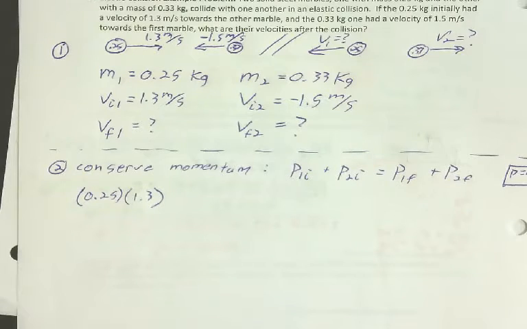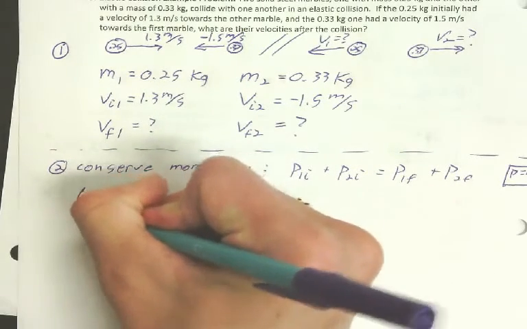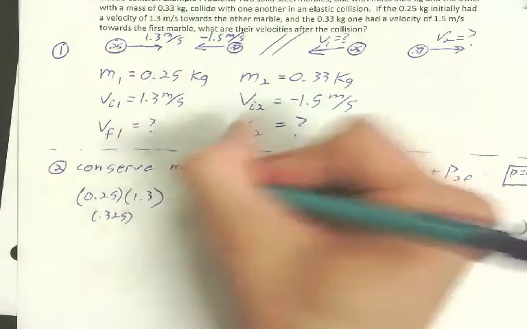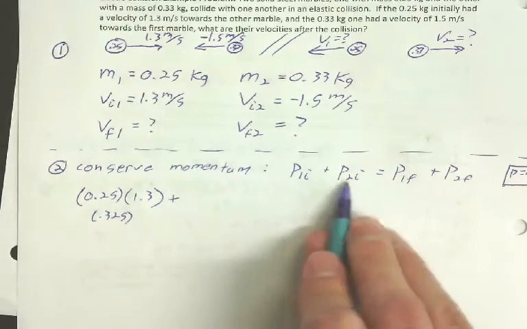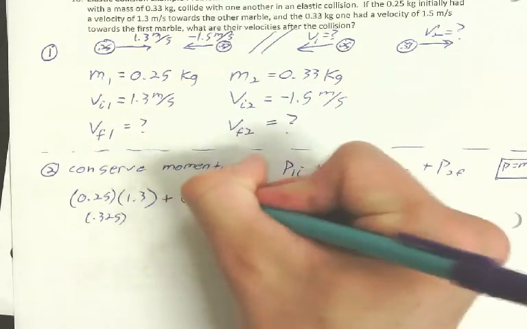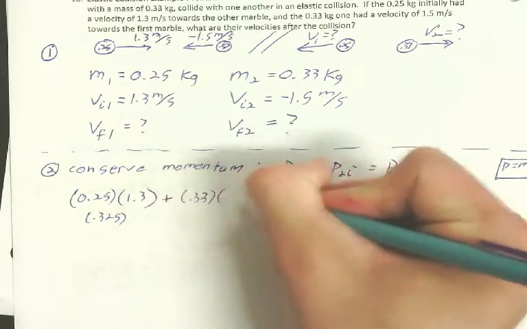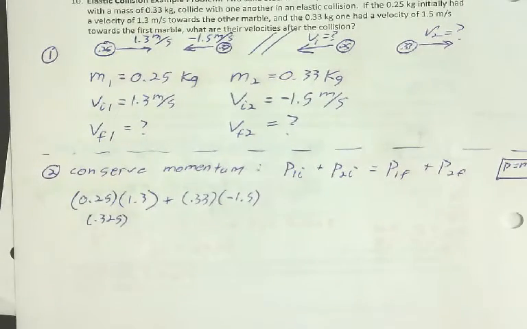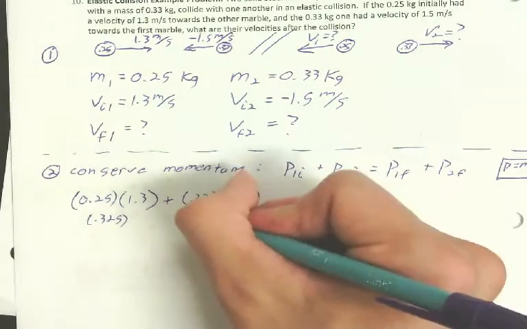Okay, that is a value of 0.325. Plus the momentum of object 2 initial, so that's 0.33 times negative 1.5. And when you multiply that together, you get negative 0.495.